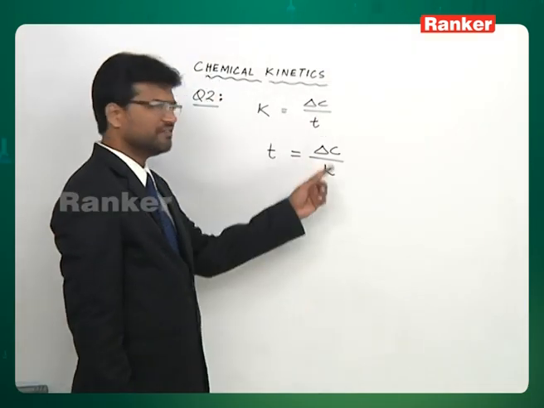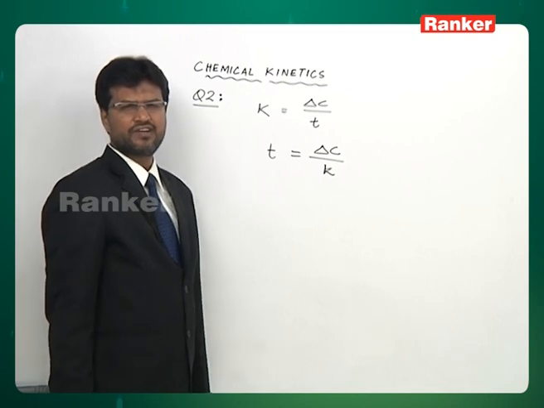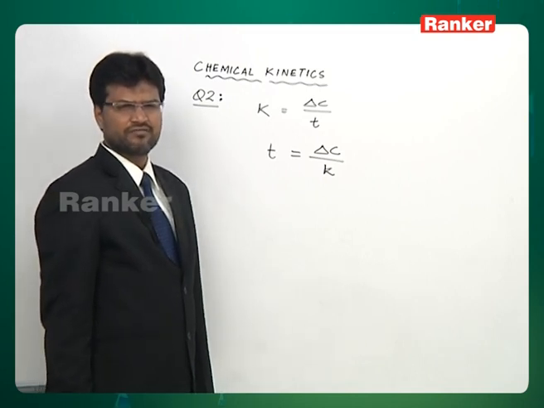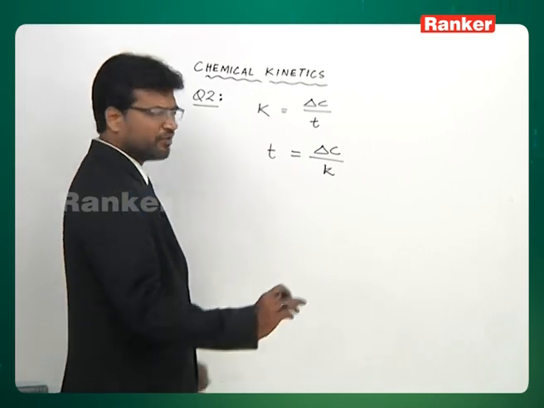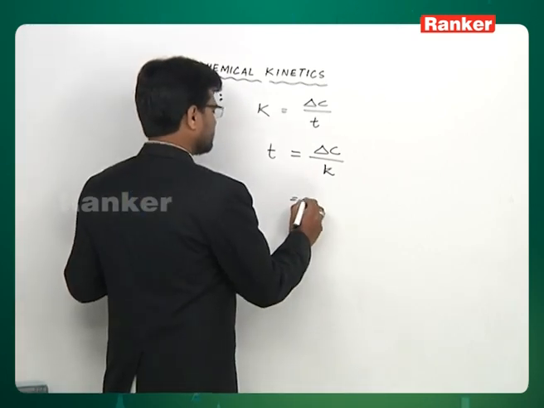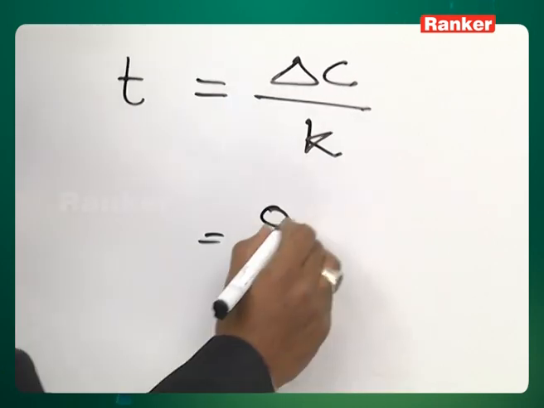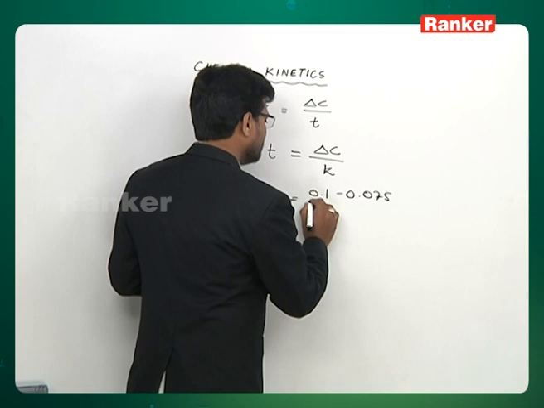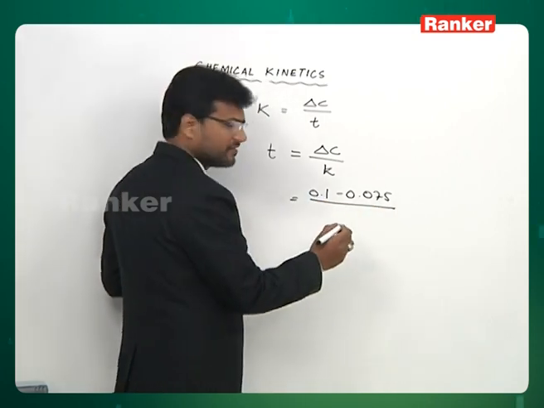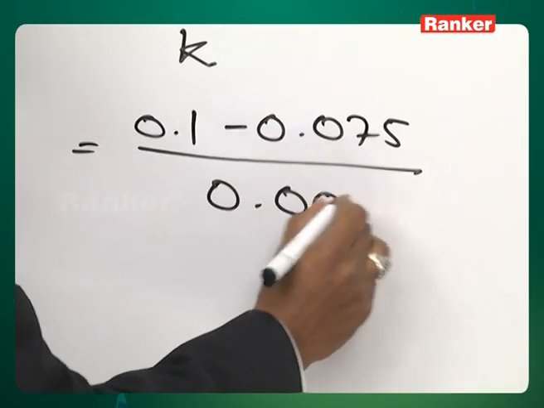Now, how much is the change in concentration? It has changed from 0.1 to 0.075. So the change is 0.025. 0.1 minus 0.075 divided by K, which is 0.003.